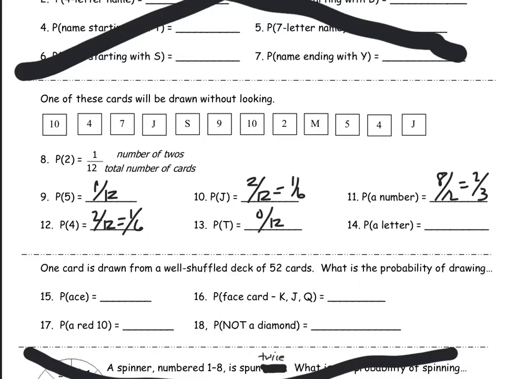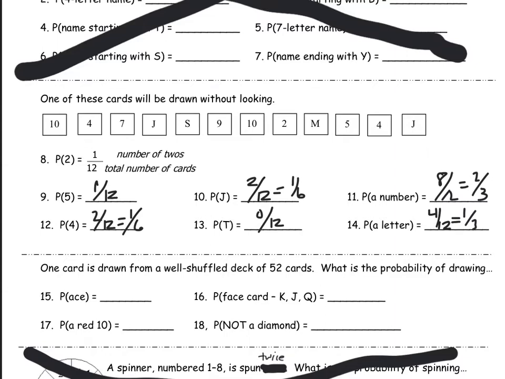I don't have a chance to get a T. And the last one, what's the probability of me drawing a letter? Right now I see 1, 2, 3, 4 letters. So it's 4 letters out of the 12 total cards, which happens to be 1 out of 3. Again, these are simple probabilities in these examples here.